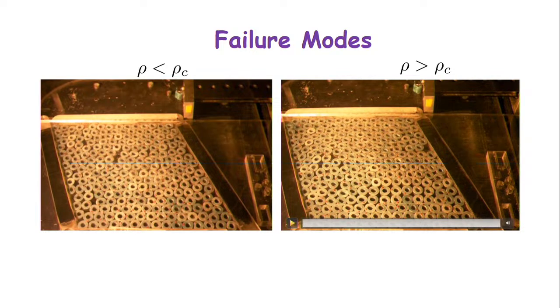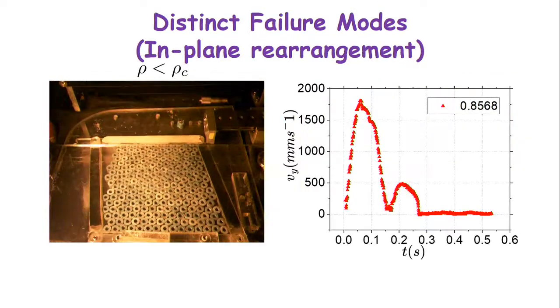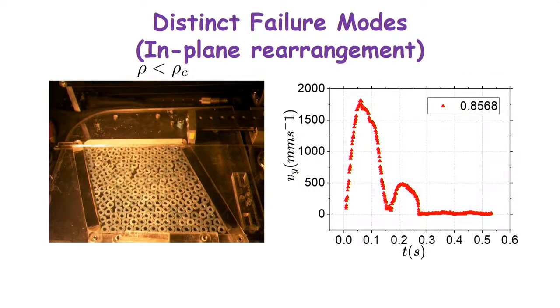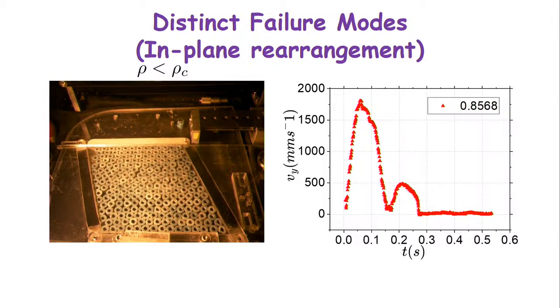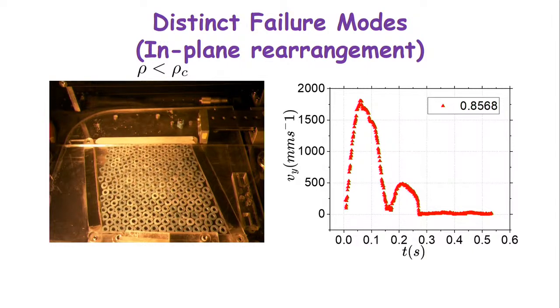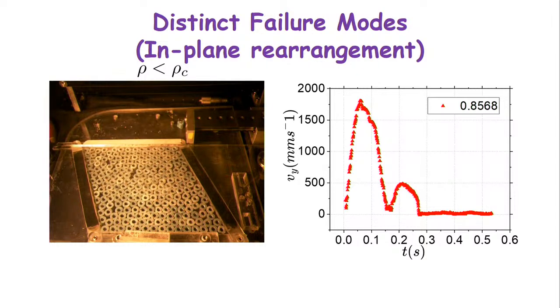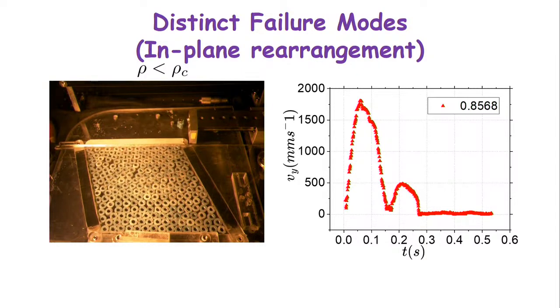It stops and the system buckles. You can quantify it this way: this is the velocity of my plunger. Initially the velocity just increases because it doesn't hit anything, and then the velocity decreases because I now start to get the resistance from my system.